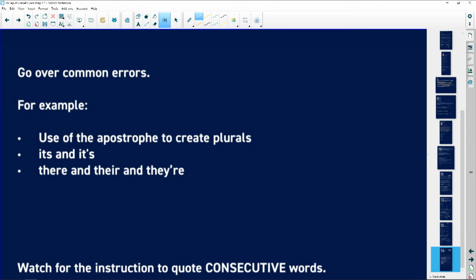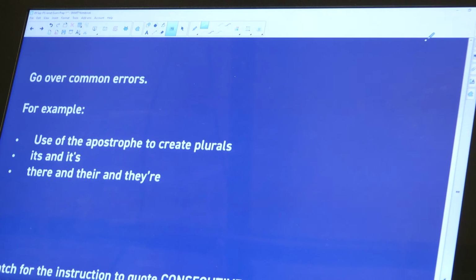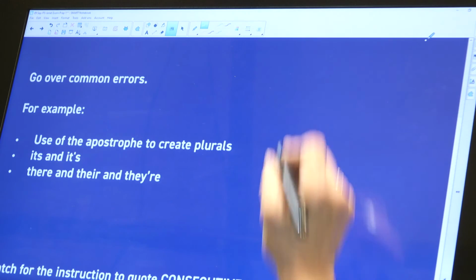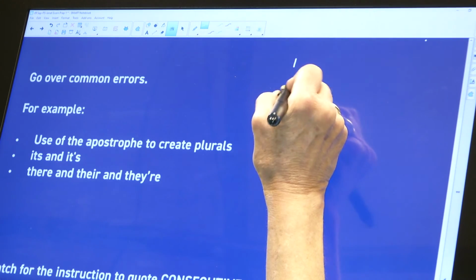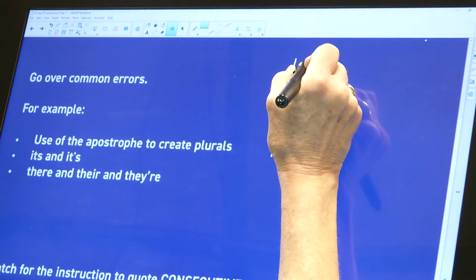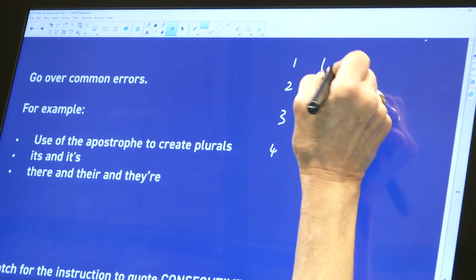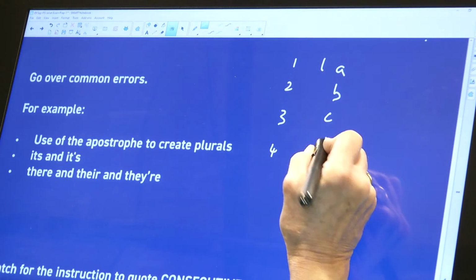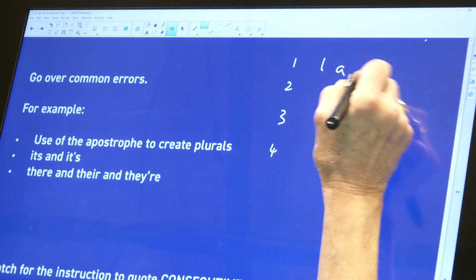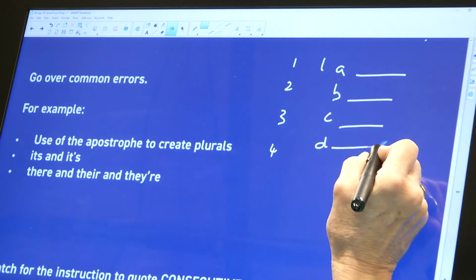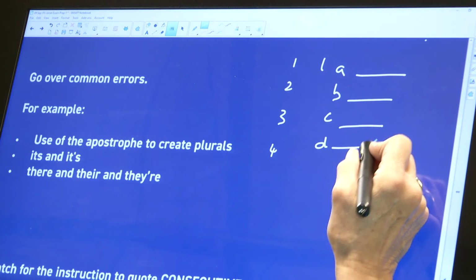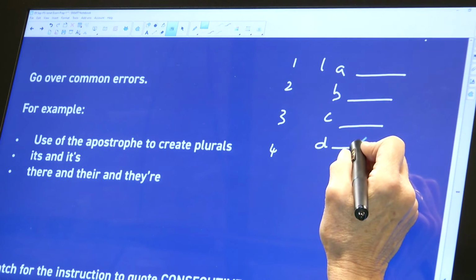Go over common errors. The first question in the paper will have 4 sections. So you will have 4 questions, let's say 1A, B, C, D. And there will be 1 mistake in each question. And they ask you, find the error and just write down the correct word.